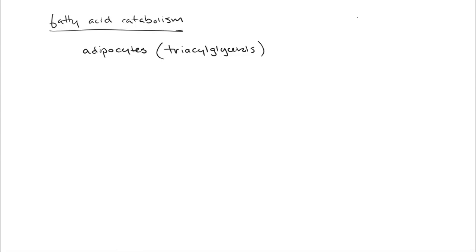Let's recall that a triacylglycerol has 3 different fatty acid components, each linked to a glycerol backbone. What that looks like is we have... I'm drawing bonds too early here.